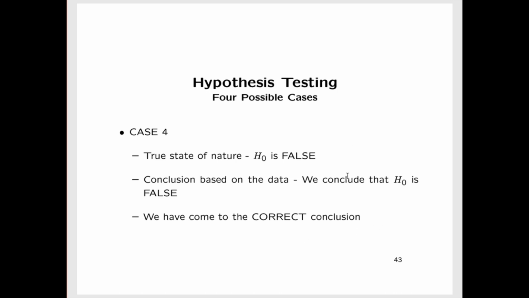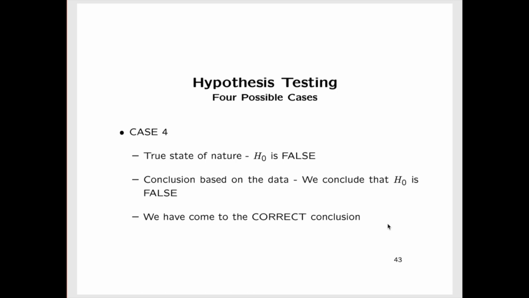An example of this kind of situation would be if, in our clinical trial example, the new treatment is in fact effective, and based on the data we get, we conclude that it's effective. That would be a desirable outcome. If a new treatment is effective, we want to identify that it's effective, and not only that, we want to identify the magnitude of how effective it is.